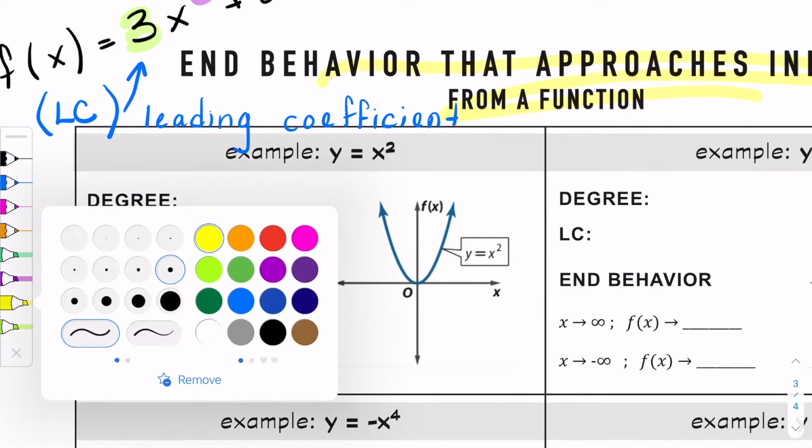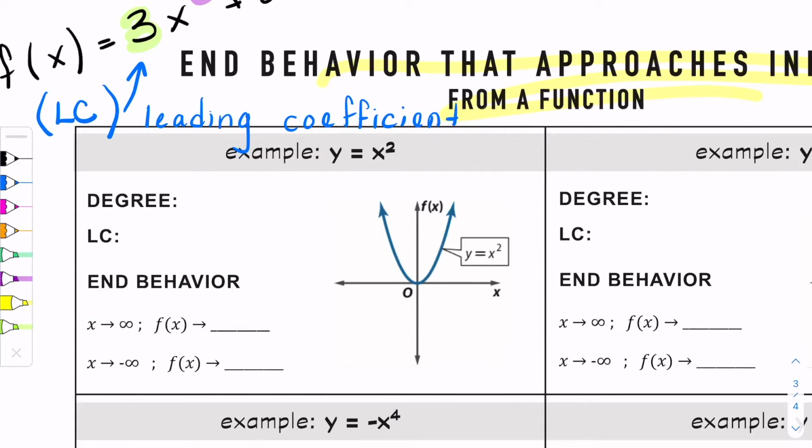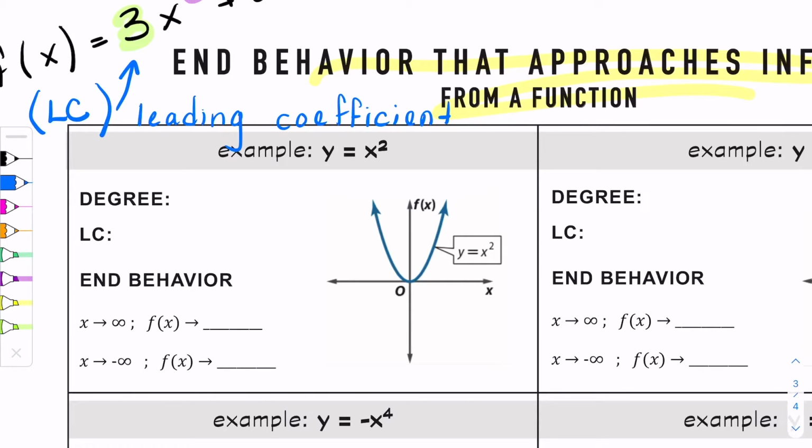First example, we care that we have a leading coefficient of 1 and a degree of 2. What we specifically care about is that the degree is an even number and that the leading coefficient is positive.